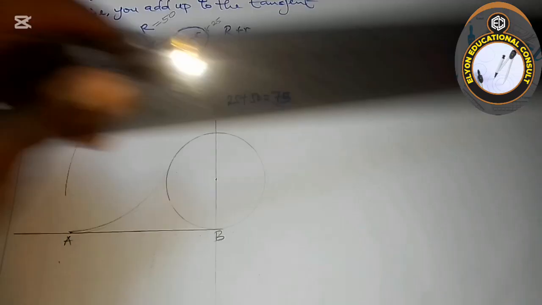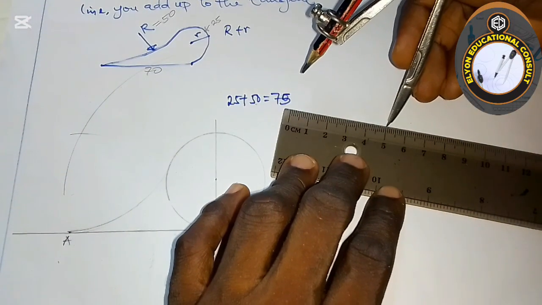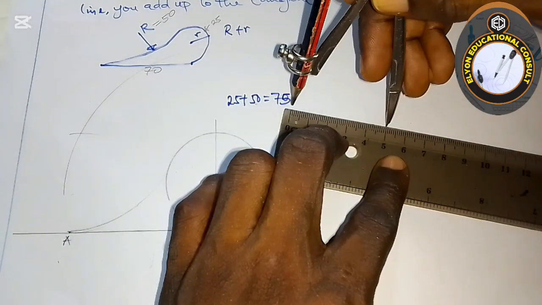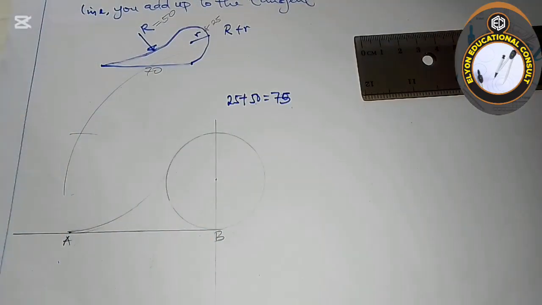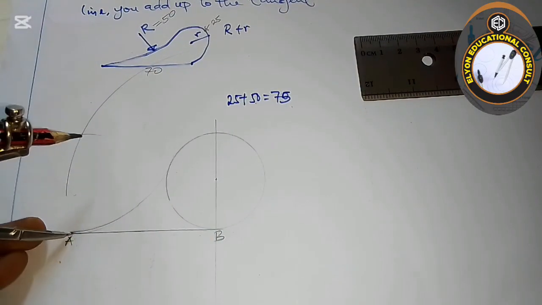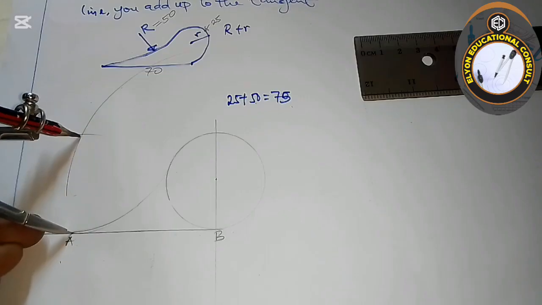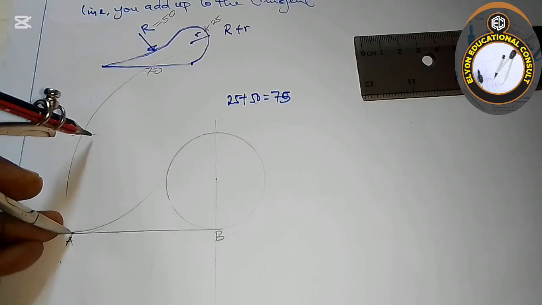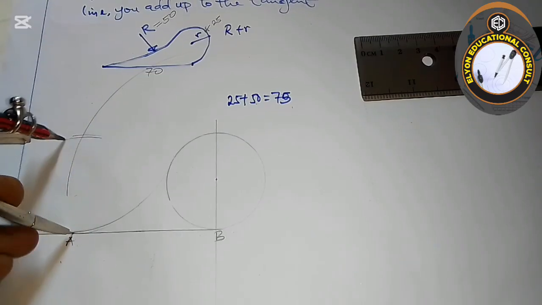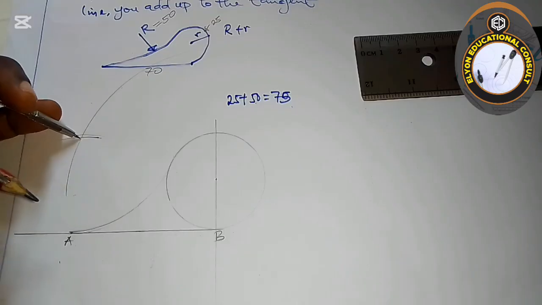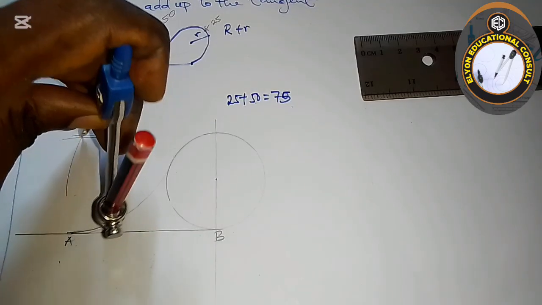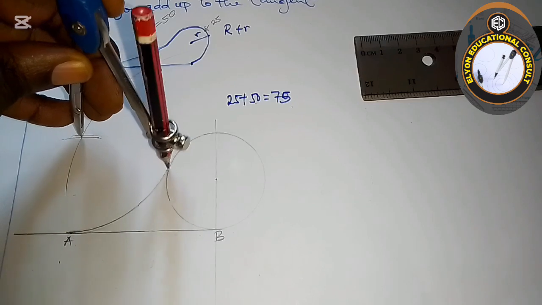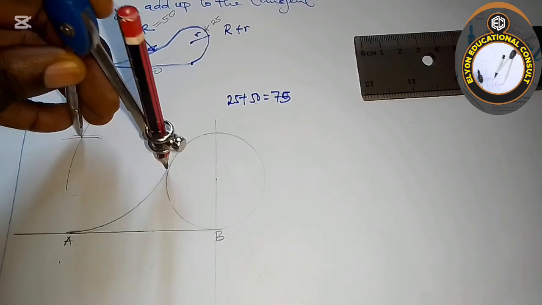Let me see. It's like the 50 has shifted. It must not shift, so it has to be 50. Let me do this again so we can see that. This arc here, this is the point which I'm going to place here, which will produce this to this particular point here.